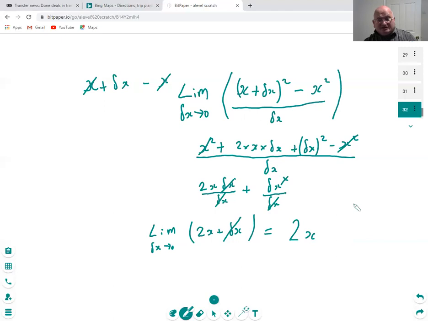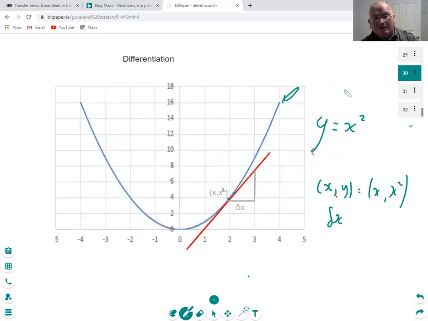And that says that at any point on the line y equals x squared, if you were to take the gradient of the line at that point, it would be 2x.